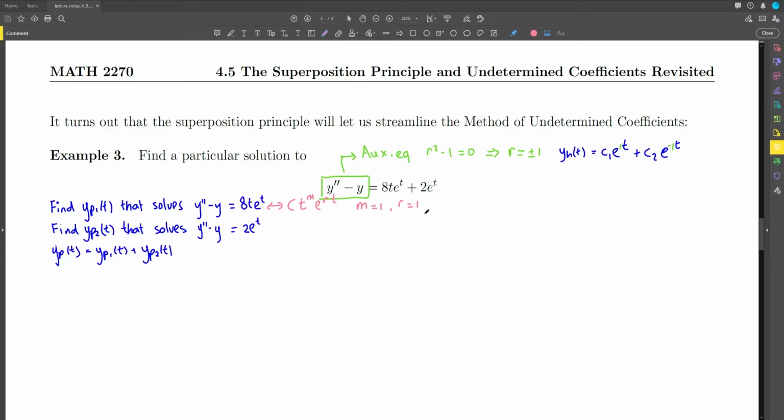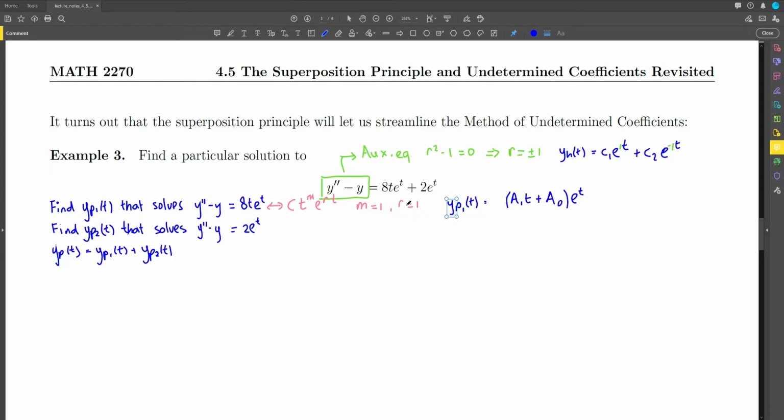So our general equation for yp1 of t equals a polynomial of degree 1. So that's a1t plus a naught times e to the power t.